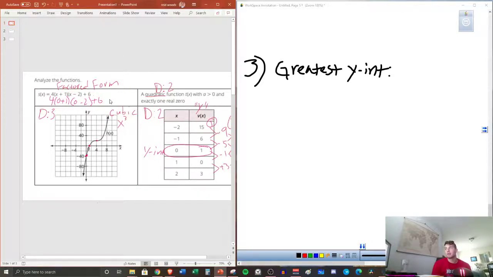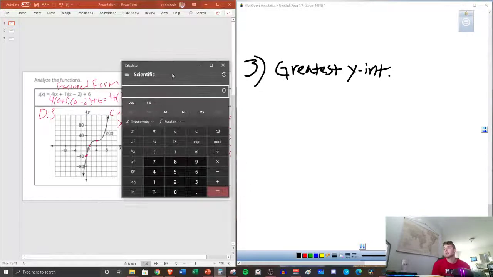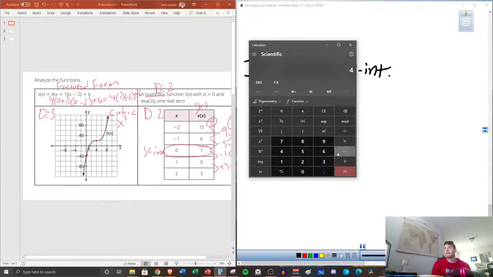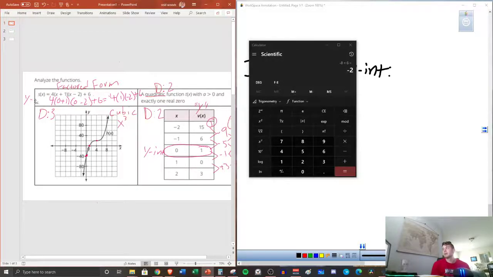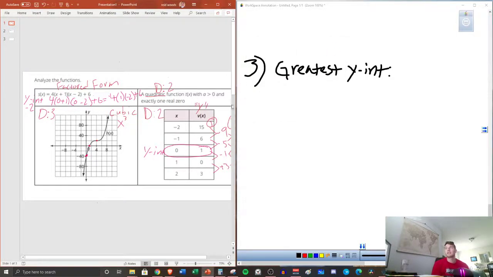And when we solve this, we're going to get 4 times 1 times -2 plus 6. I'm going to pull up the calculator just because I'm out of space to do the arithmetic. Okay. So 4 times 1 times -2 is -8, plus 6. So -2 is the y-intercept. Okay, that's where it's crossing the y-axis. So that's not it either.